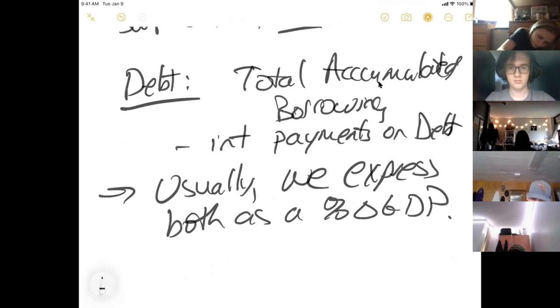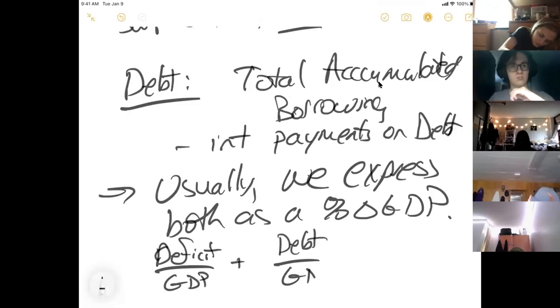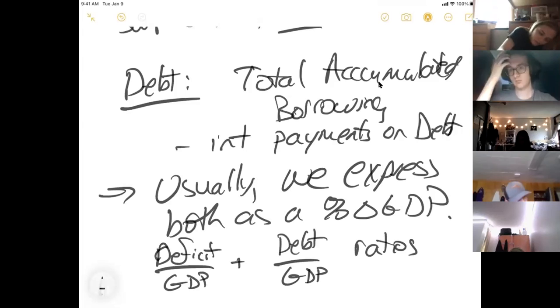So we'll talk about, for instance, the deficit to GDP ratio and the debt to GDP ratio. That's how economists tend to think about the deficit and the debt, as a percentage of how big our economy is.